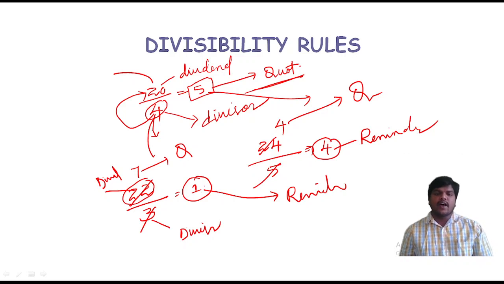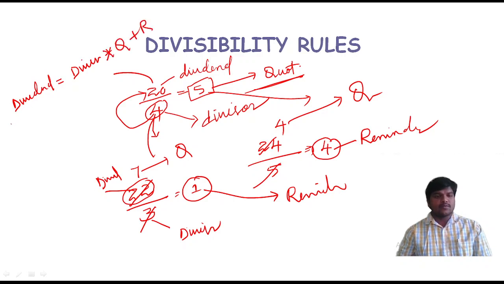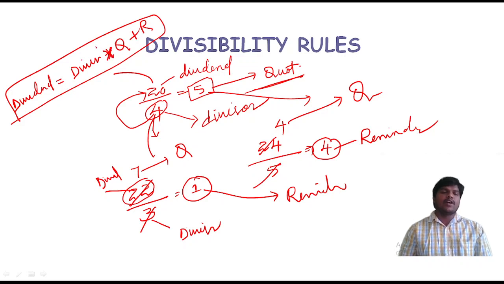So this is the actual meaning of division. There is one formula: dividend is equal to divisor into quotient plus remainder, so that we can easily calculate the dividend number.